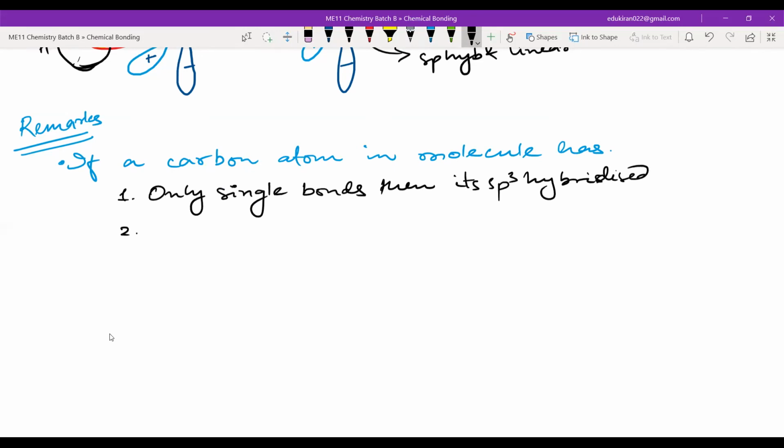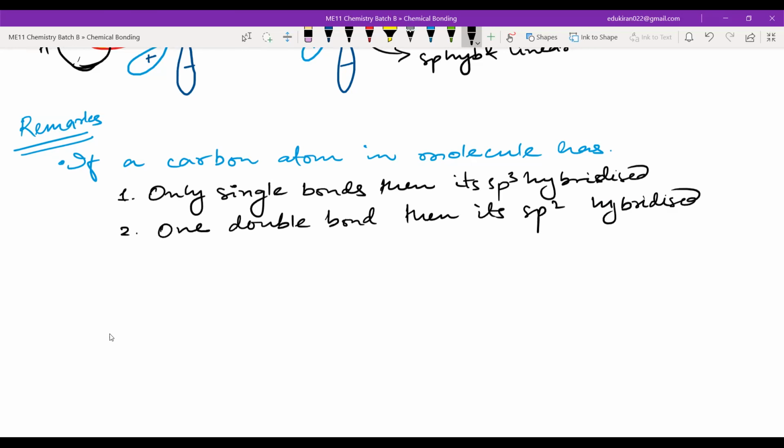Second, if there is one double bond, then it's sp2 hybridized.